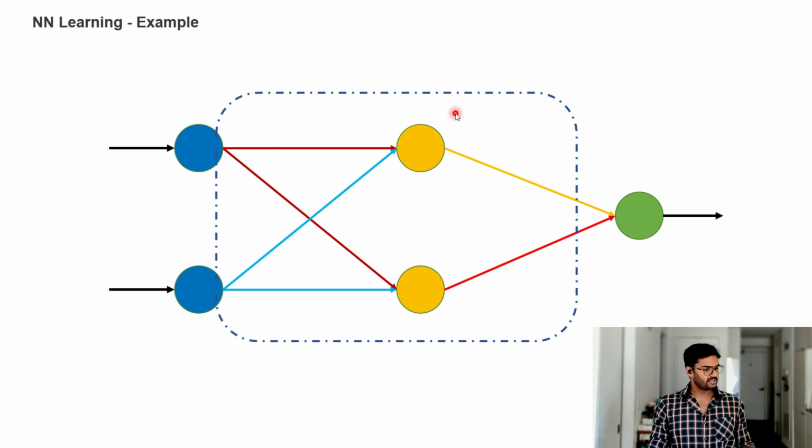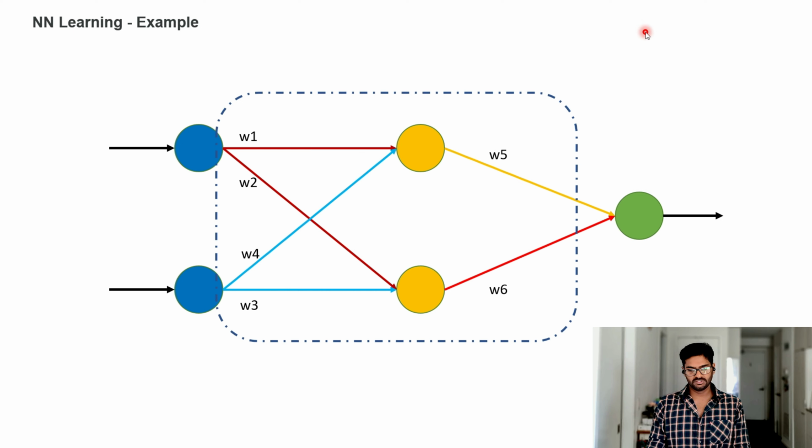So once we design a neural network, we will initialize it with random weights. Let's say for neuron 1, we give weight 1 and weight 2. So these are all random weights. Similarly, we will give weights to this neuron as well, W3 and W4, and W5 and W6. Then we will give inputs to those neurons, X1 and X2.